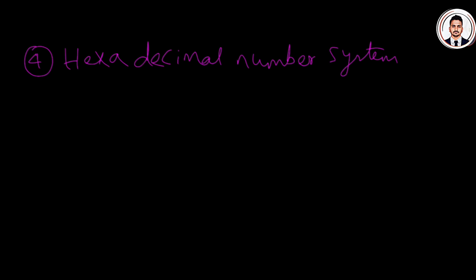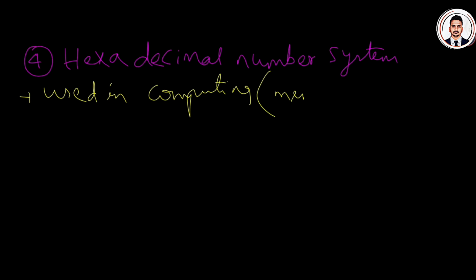This is also used in computing. It is mainly used in memory addresses. If you want to store something, we need memory and also a location, so hexadecimal number systems are used there, and also for color codes. These are some examples.